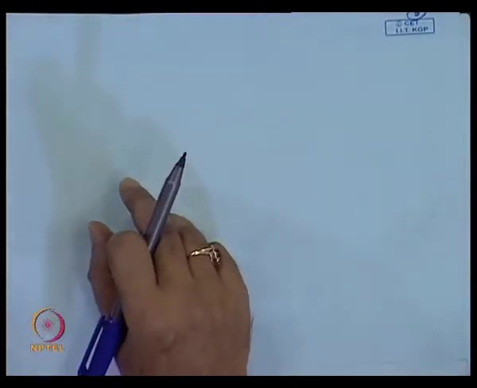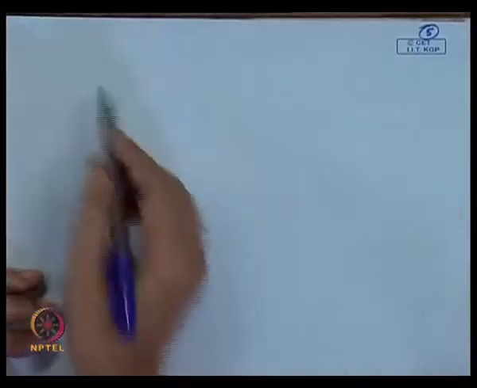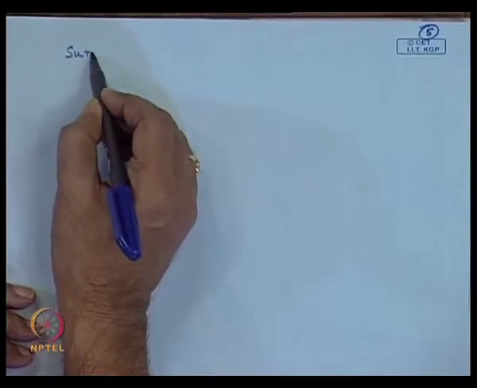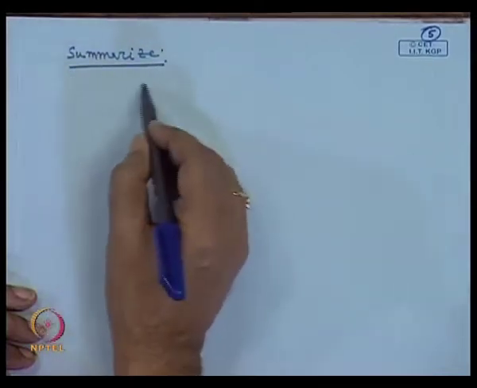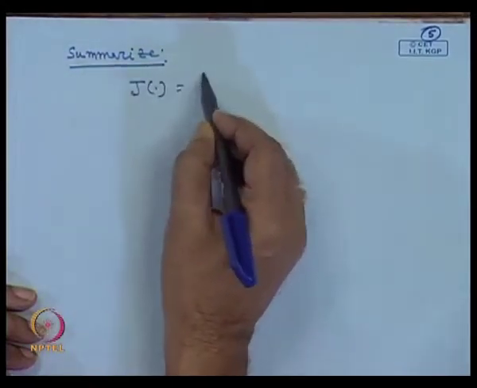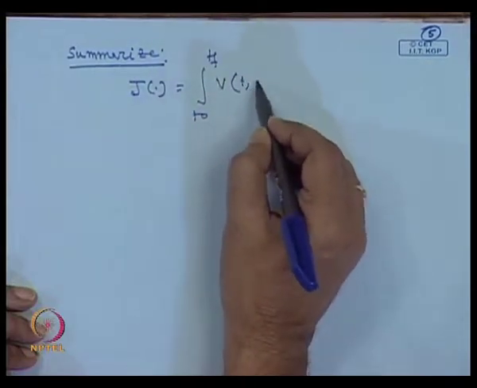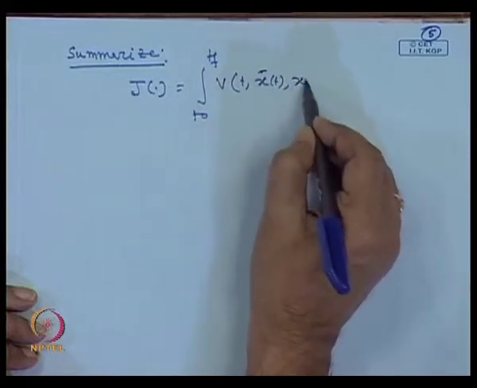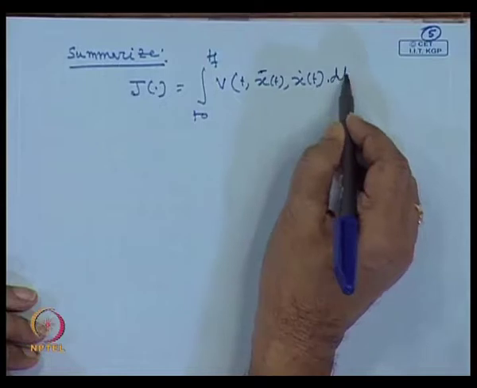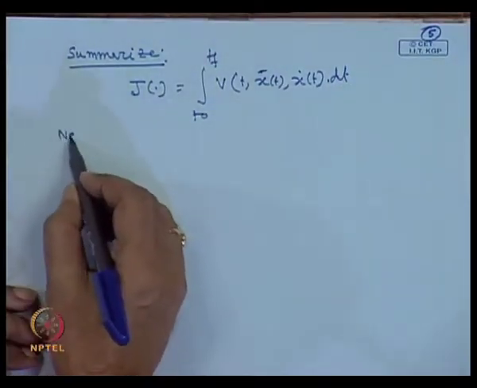So, next, if you summarize the results, we have a functional, integral from T 0 to T f of V of x of t, x dot of t dt. One end is the necessary condition.